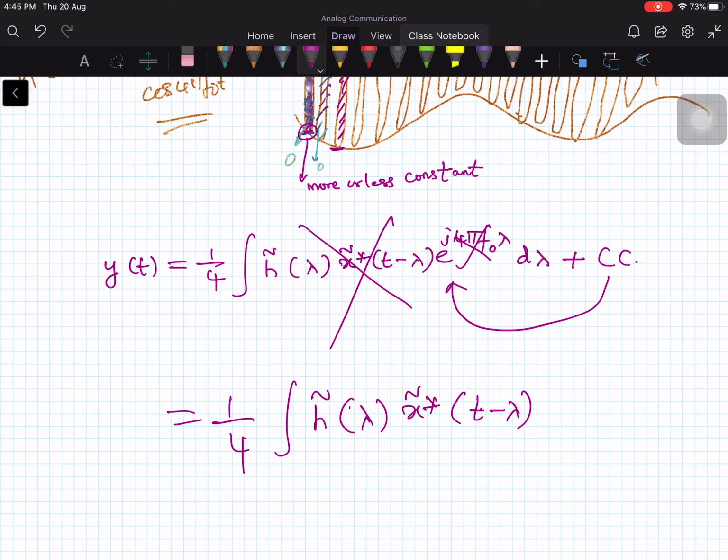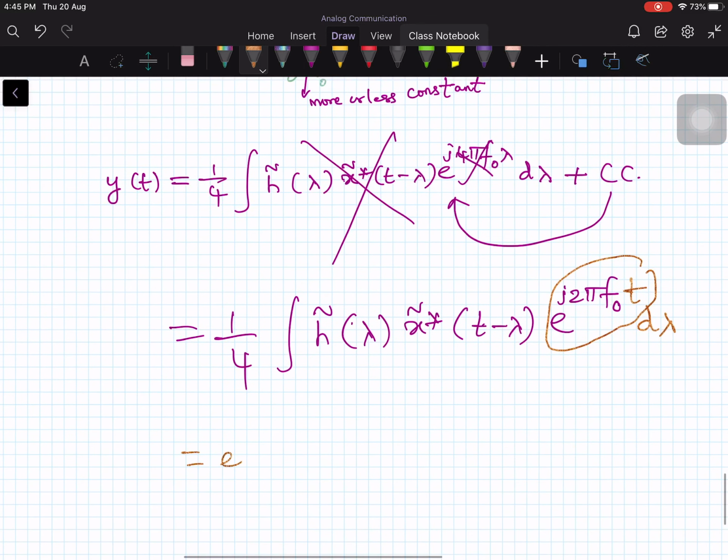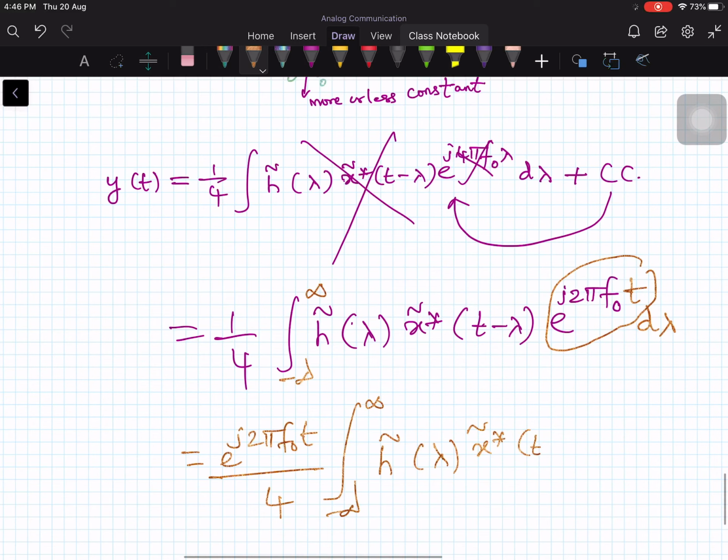This is e to the j 2 pi f naught t, not lambda, times d lambda. So this is a constant term with respect to integration. You can pull it out of the integral. e to the j 2 pi f naught t divided by 4 integral of h tilde of lambda times x conjugate tilde of t minus lambda d lambda.